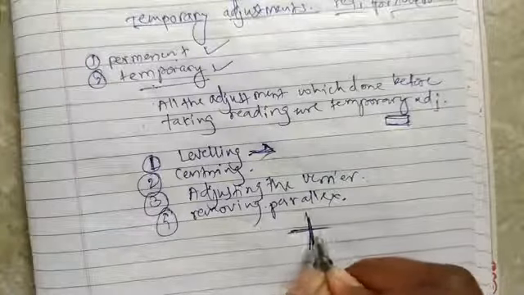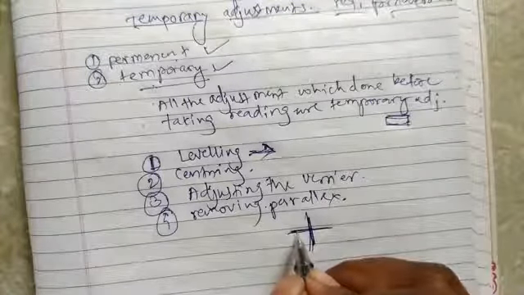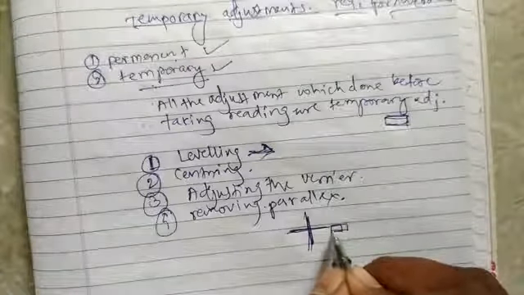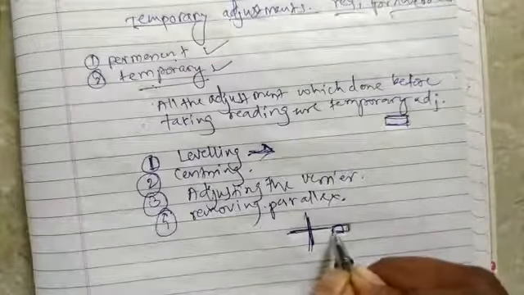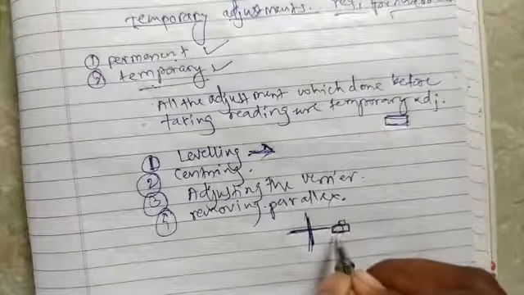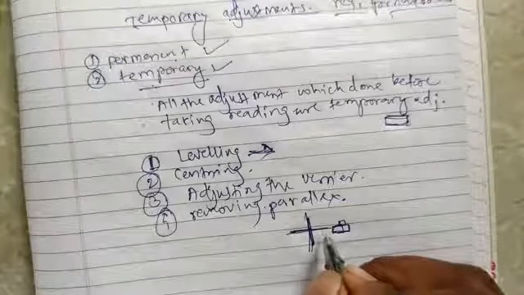To judge whether the instrument is in the horizontal plane, we have a horizontal bubble tube placed at the bottom plate, which guides us for leveling.